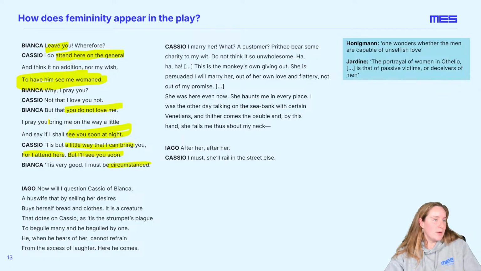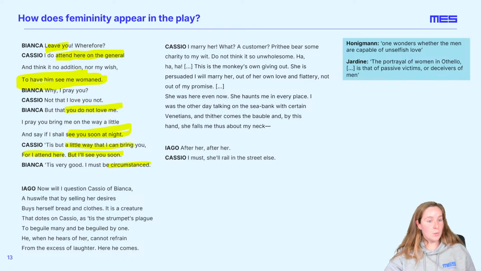Come with me a little bit, walk a little ways with me, and tell me if you'll see me at night. Interesting. Would a Desdemona-esque character see a man at night who's not her husband? Certainly not. So this is one of the implications that she's a sex worker, because if she's seeing him at night, then this is not fitting in with the expectations of polite society, so her reputation is bad.